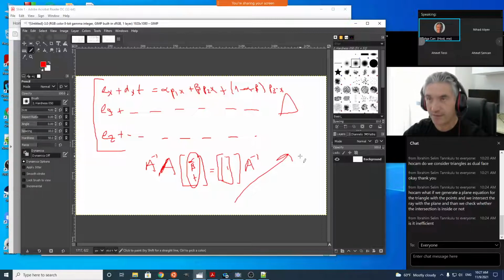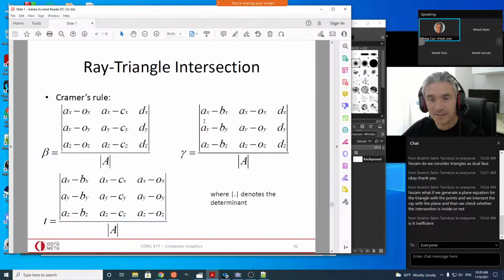You need to explicitly check whether the point you have found on the ray-plane intersection is inside the triangle or outside the triangle? Okay, exactly. This is exactly what you have written. That's the second method. When you implement it, it's a little bit slower than this one.